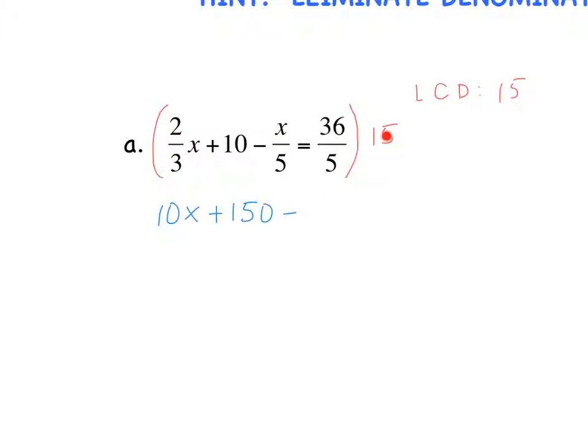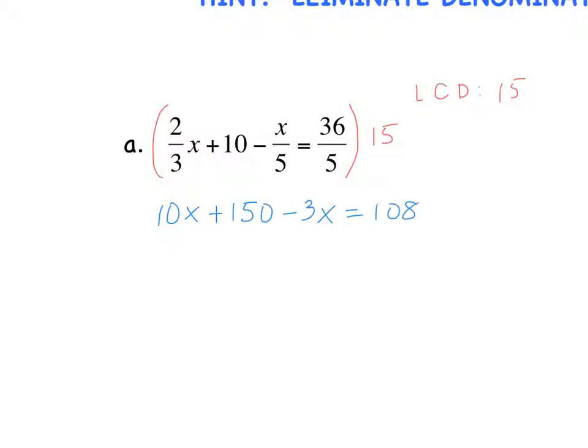Well, 15 divided by 5 is 3, and 3 times x is 3x. Equals 36/5 times 15. 15 divided by 5 is 3, and 3 times 36 is 108.